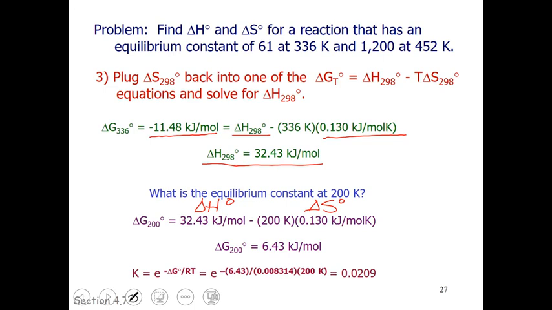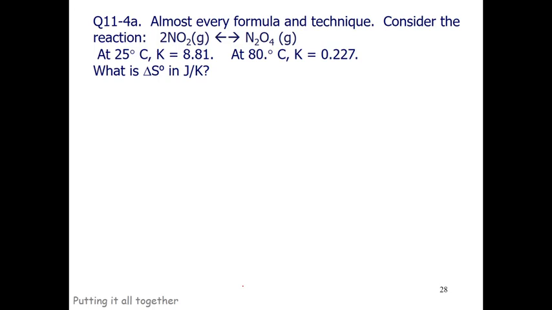I can now use the equation, the equilibrium constant is equal to e raised to the minus delta G naught divided by RT. So I sub my value of delta G naught at 200 in there and divide by R and the temperature to get the equilibrium constant of 0.0209.